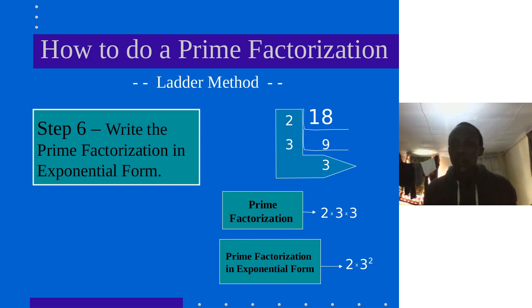So the factors of 18 are 2, 3, and 3, that is 2 times 3 multiplied by 3. But 3 and 3 are common, so you raise to power 2 to get 3 raised to 2 multiplied by 2. 3 squared is 9, and then when you multiply the 9 by 2, you obtain 18. Good.